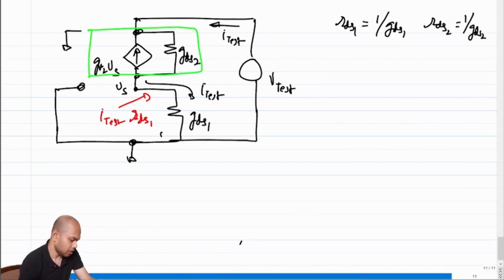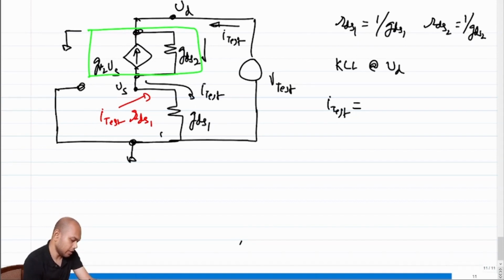Correct? So now if I apply a KCL at the drain terminal, KCL at the drain, what should it imply? It should imply that the current that is flowing in I test is equal to the two other currents.